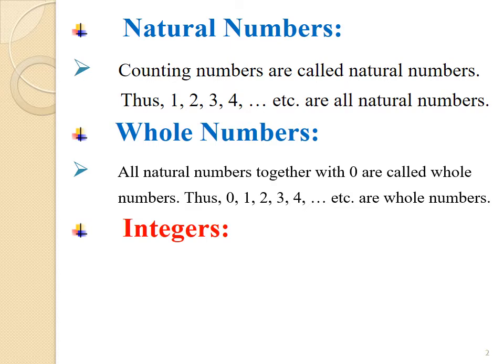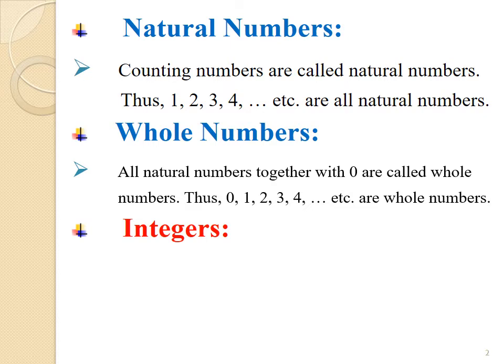Students, the numbers with positive sign or no sign at all are known as positive integers. For example, 1, 2, 3, 4 and so on. And the numbers with negative sign are known as negative numbers. For example, minus 1, minus 2, minus 3, minus 4 and so on.